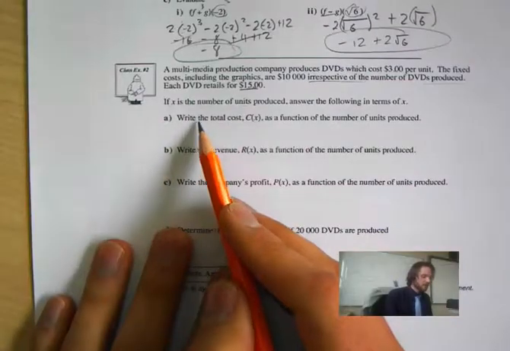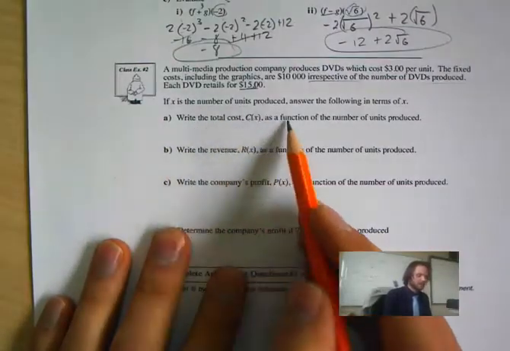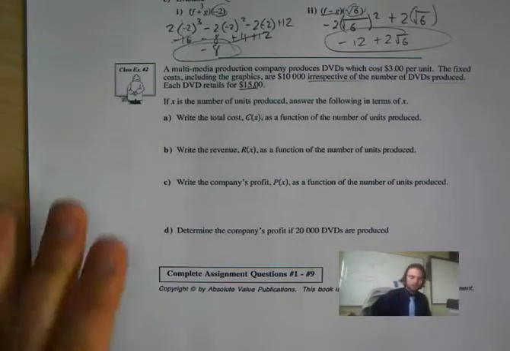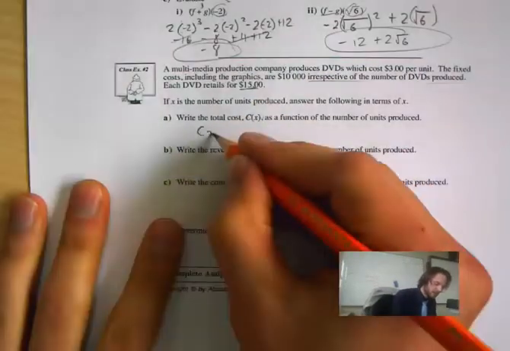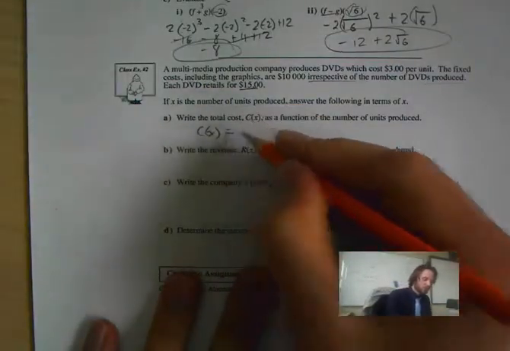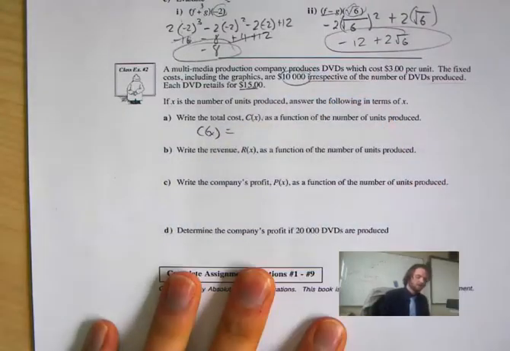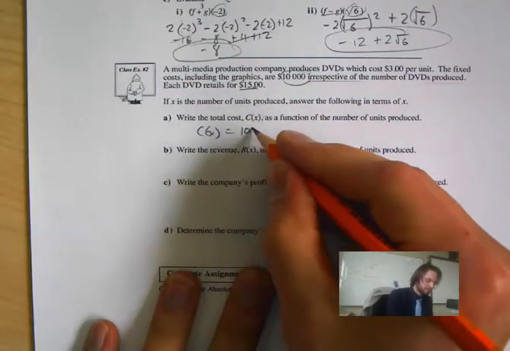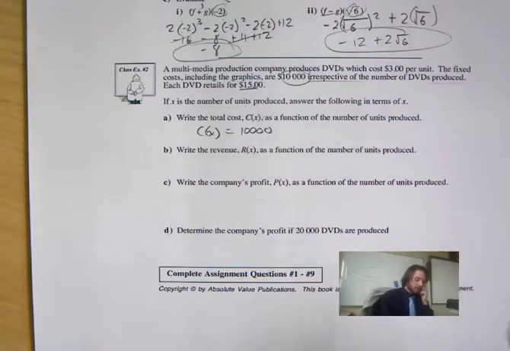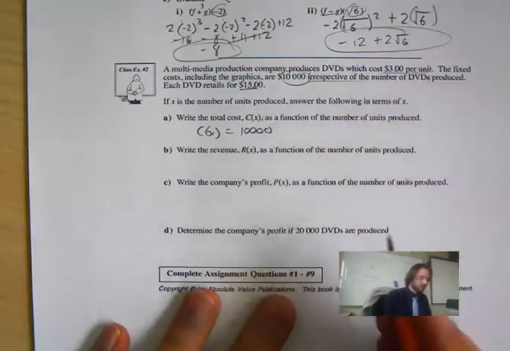It says, write the total cost, C of x, as a function of the number of units produced. So we want to know the cost. Well, we know the total cost is, no matter what, they have to pay $10,000. And then the DVD costs $3 per unit.